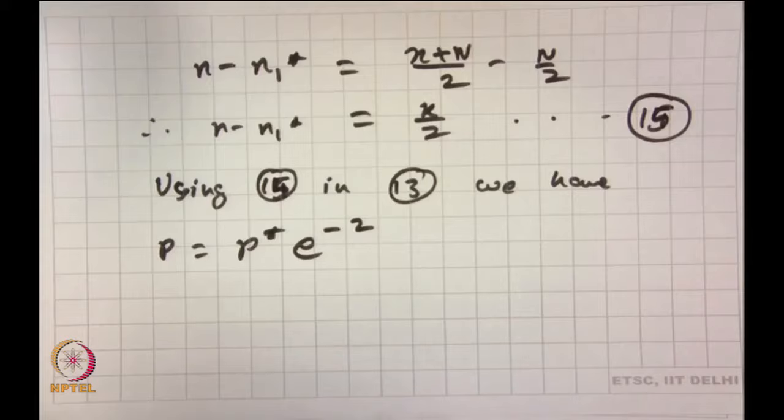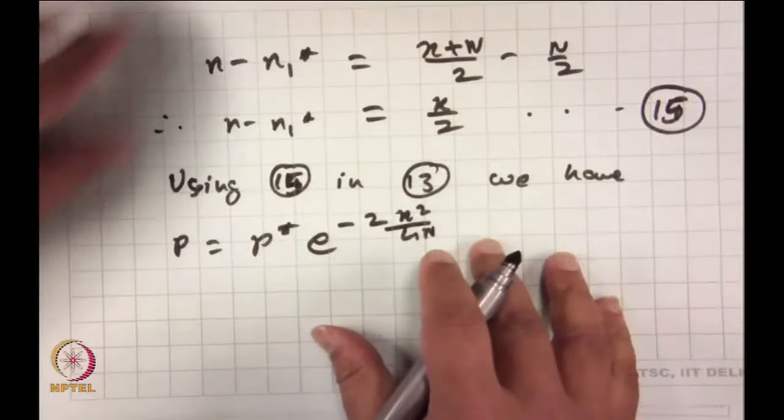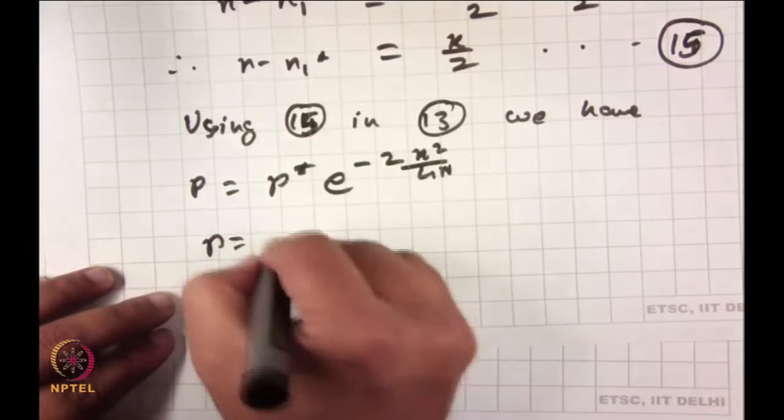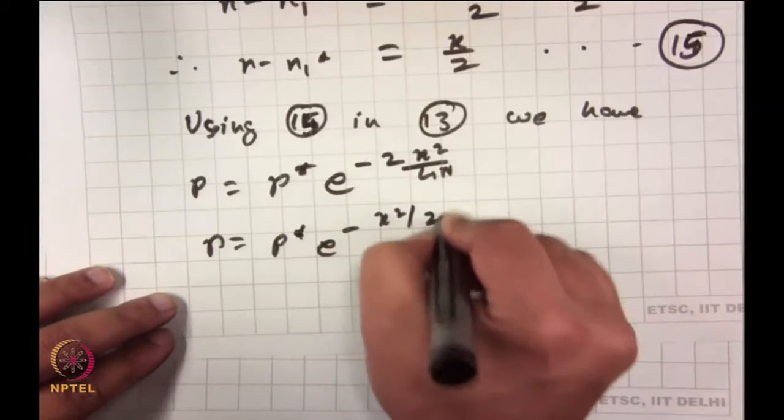So what would it become? x square by 4 n, right, or P is equal to P star e to the minus x square by 2n.